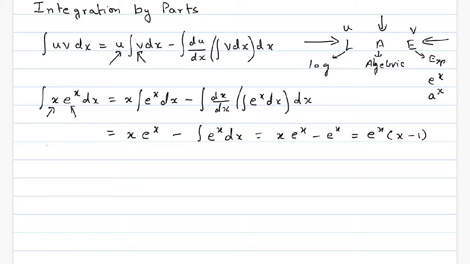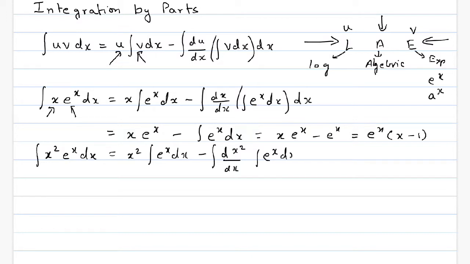Now what if we had the integration of x square e raised to x? We'll again use integration by parts. We take u constant, that is x square, times the integration of e raised to x, minus the integration of the differentiation of x square times the integration of e raised to x, the whole dx.